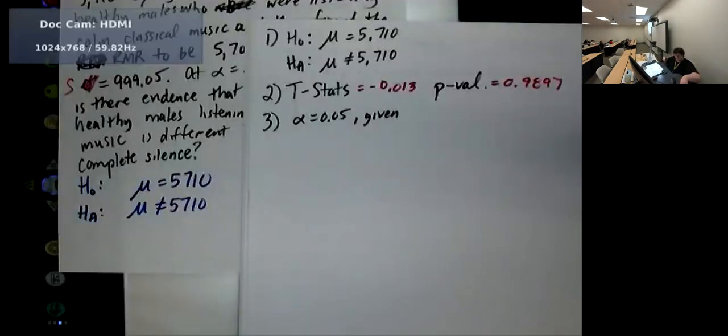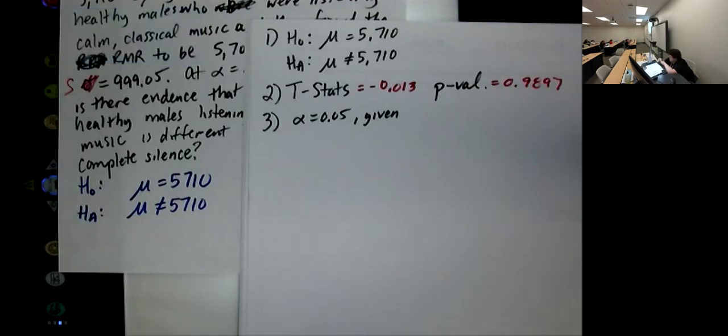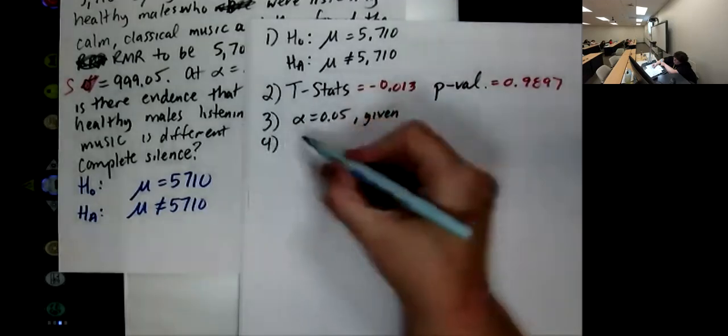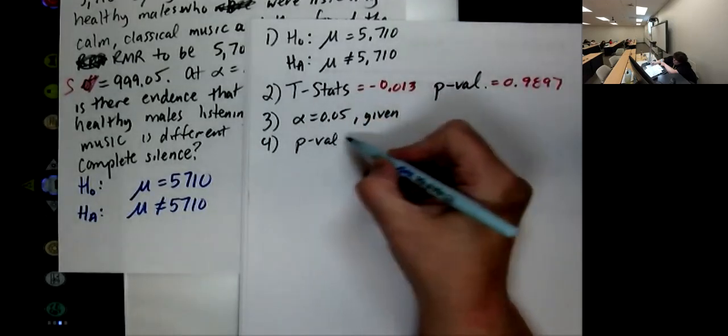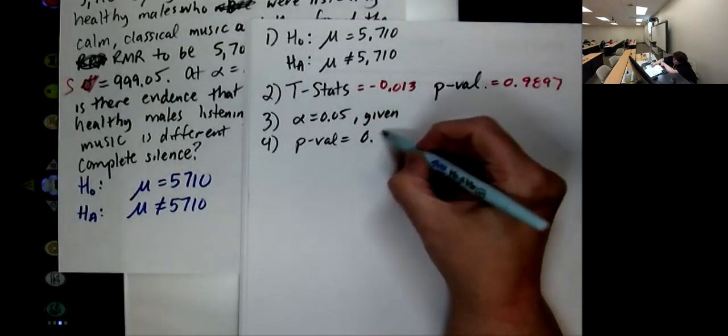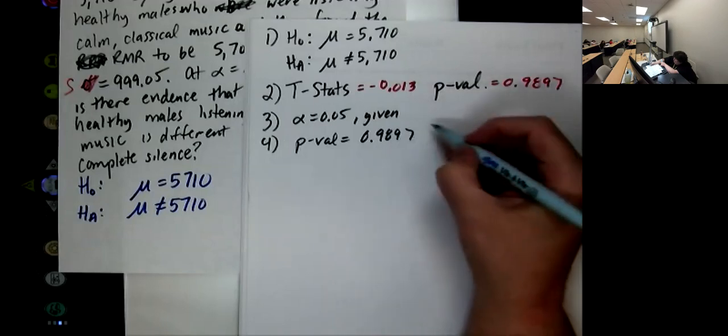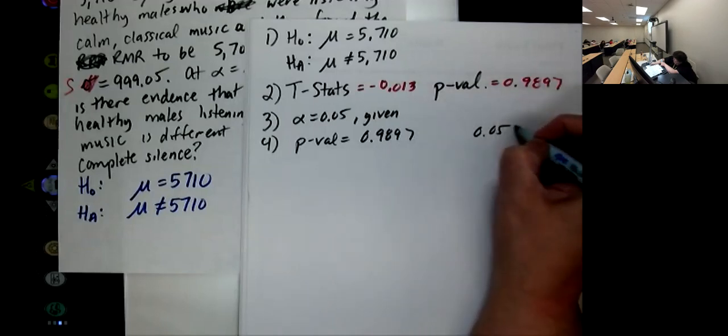We're gonna come back over here and we're gonna finish our test. So step 4, we compare p-value and alpha. P-value is 0.9897 and alpha is 0.05.